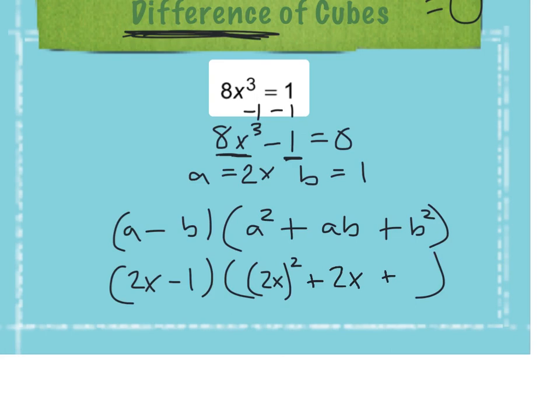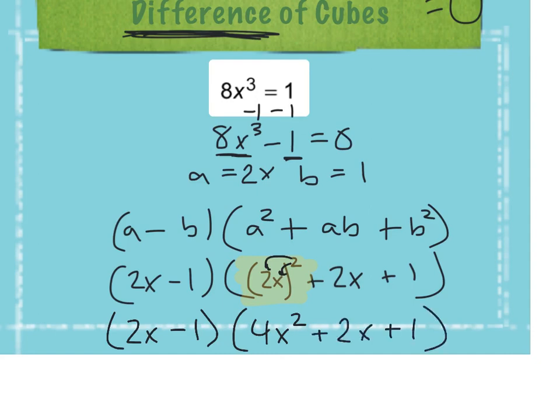And then we have our b squared, just 1. But now we need to change this 2x squared. 4x. Perfect, it would be 4x squared. So we have 2x minus 1 times 4x squared. So we need to square the 2 and we square the x. And then plus 2x plus 1.